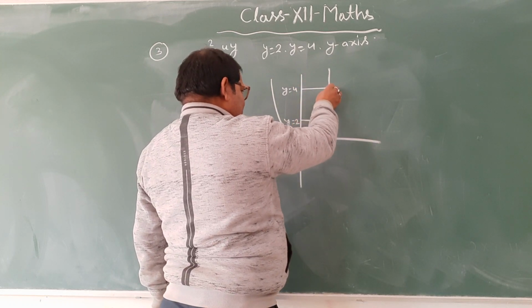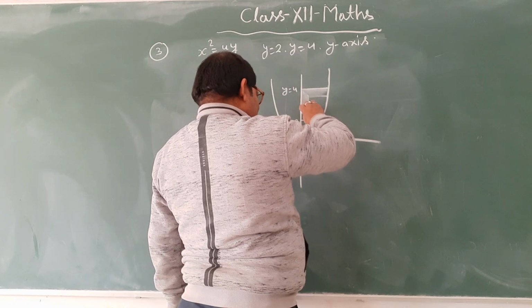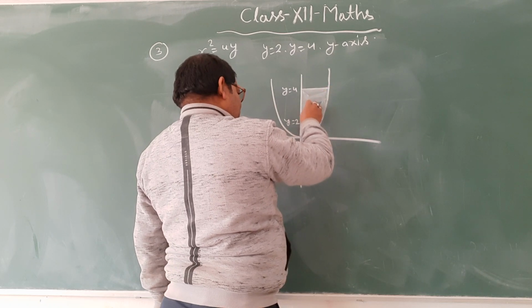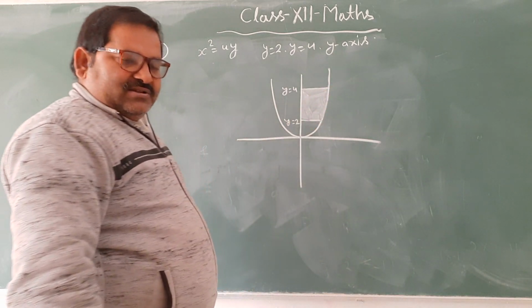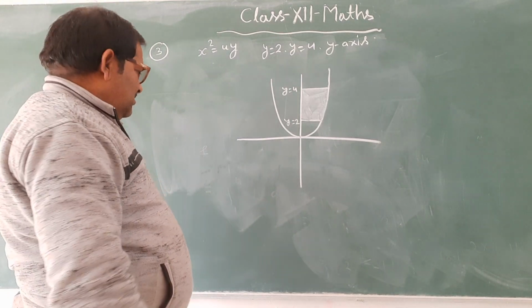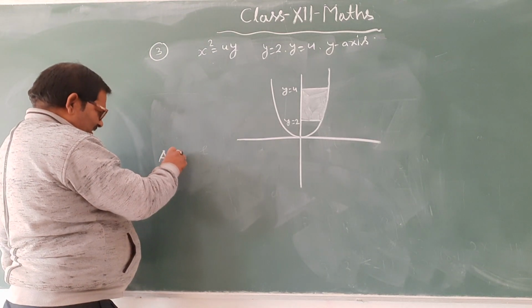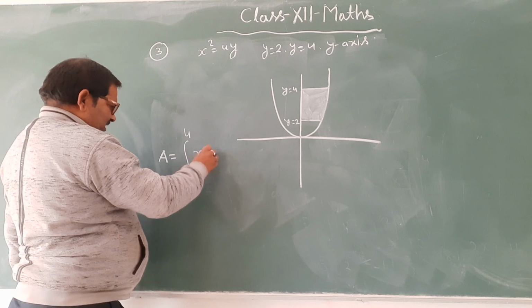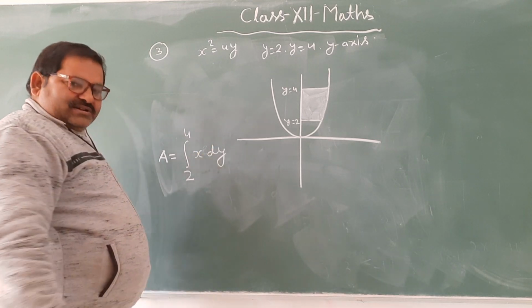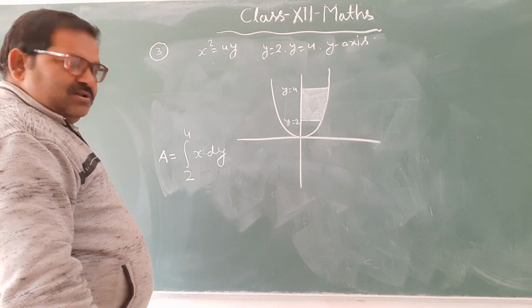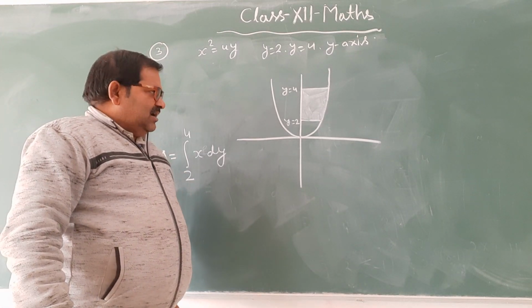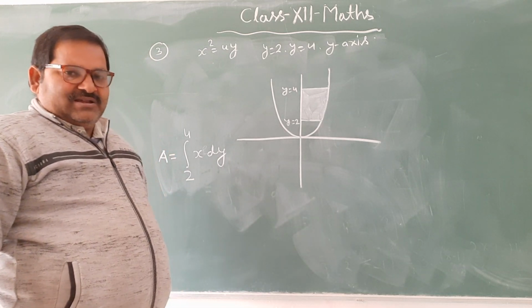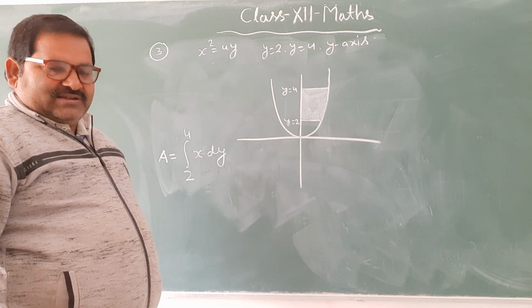So the bounded region is this. Now find the area of this region, integral 2 to 4 x dy, because the curve is with respect to the y axis, and the limit is on the y axis.